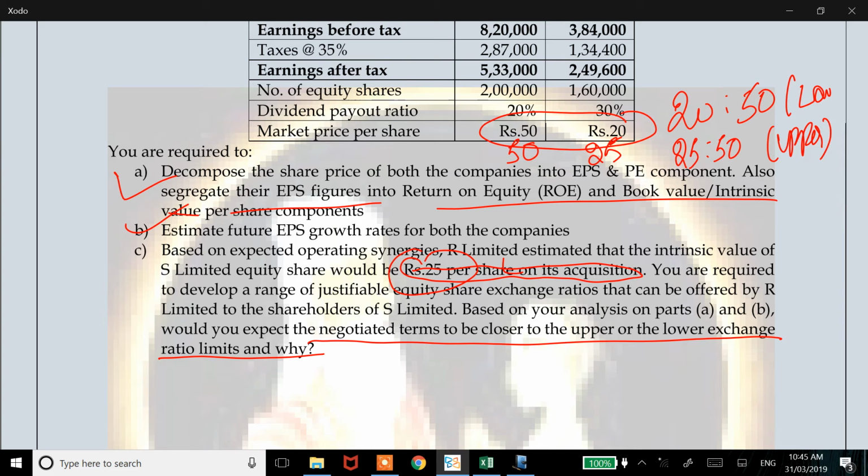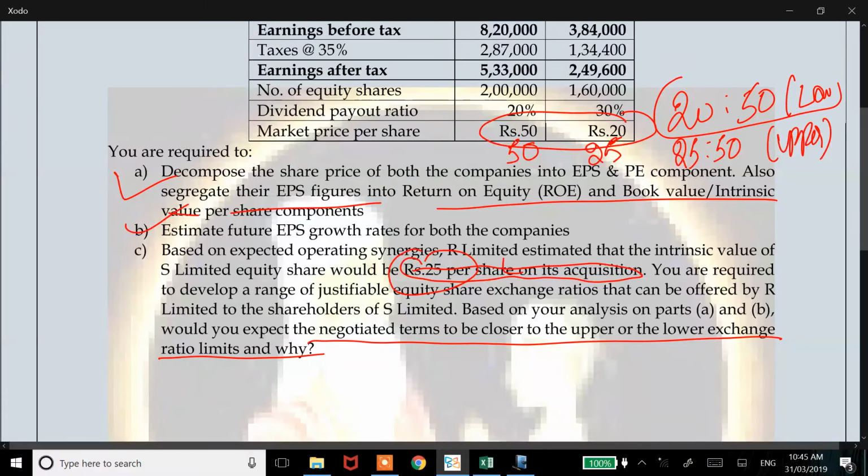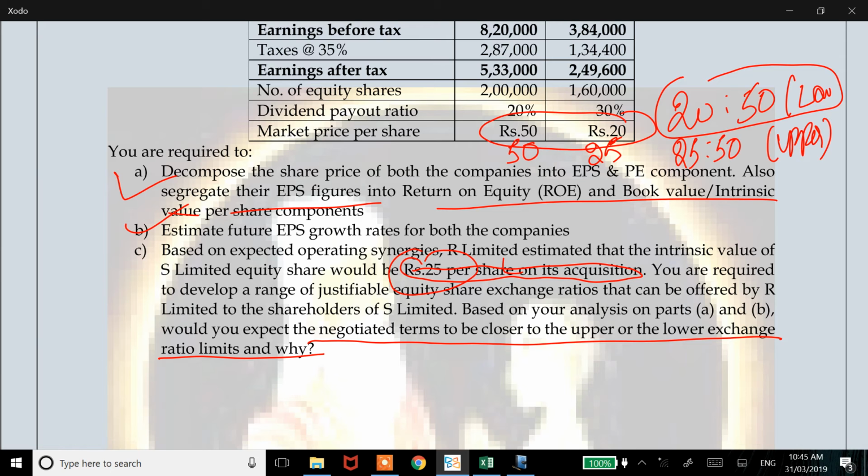If the acquiring company is stronger, the ratio will be closer to 0.4:1. If the target company is stronger, it will be closer to 0.5:1. In the property example, the price will be closer to 1 crore if I am stronger, and closer to 80 lakhs if you have the better hand. It depends on who wants to sell and who wants to exit quickly, so it depends on those circumstances.